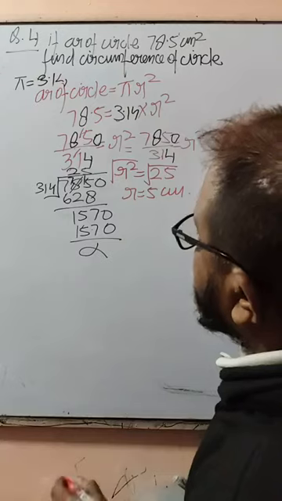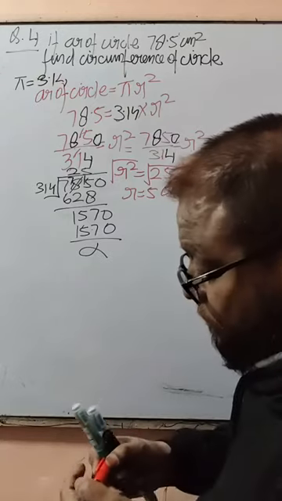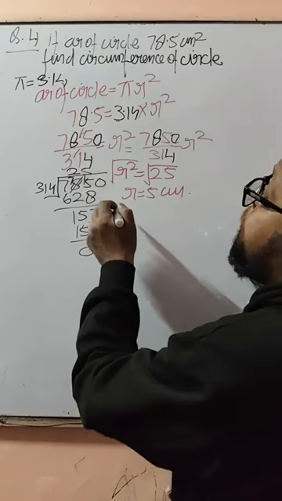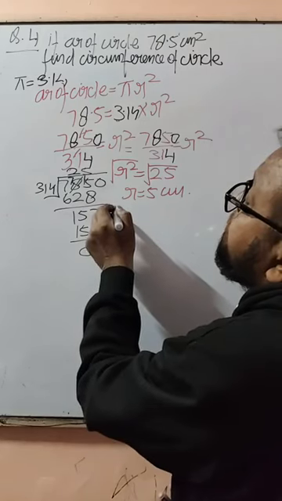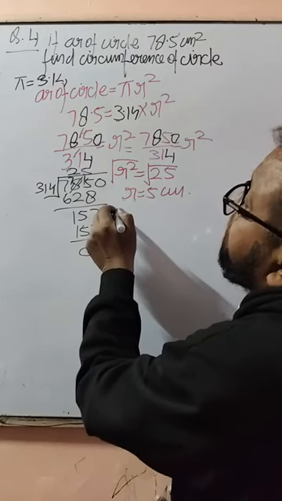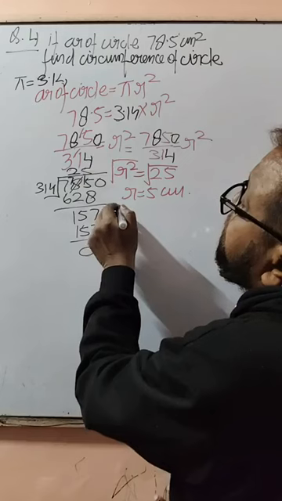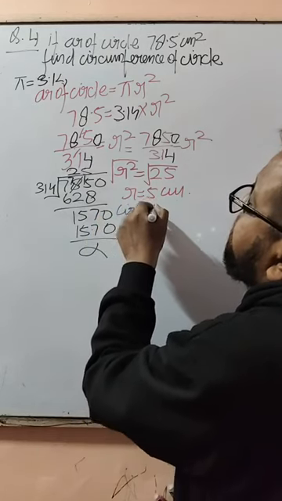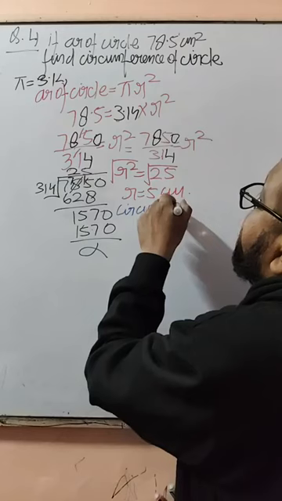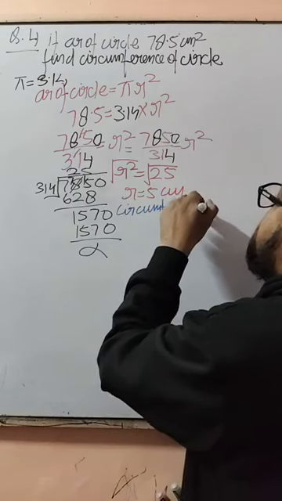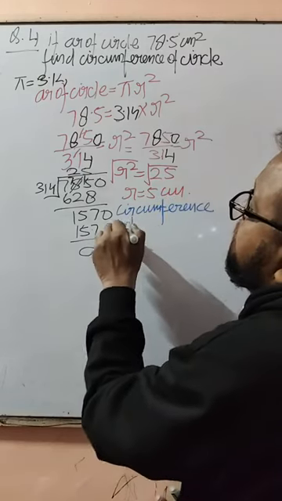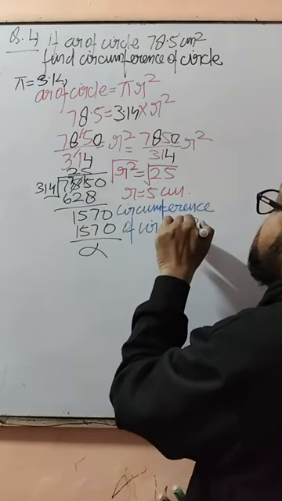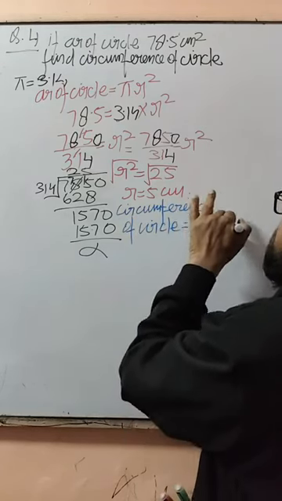Right? Now we have to find the circumference, no? Yes. Circumference of circle is equal to 2 pi r.